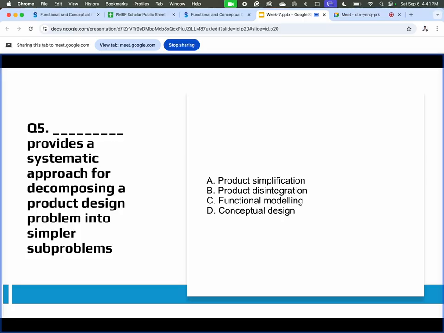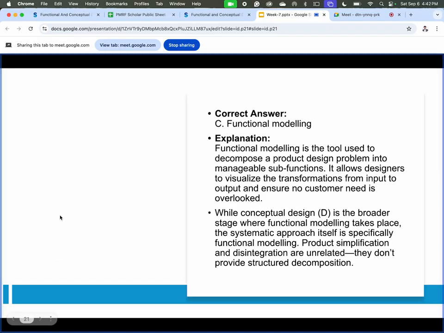Okay, and now you may go through the right answer explanation in the next slide. Yeah, so C is the right answer. Functional modeling is the correct answer, and this is the explanation.